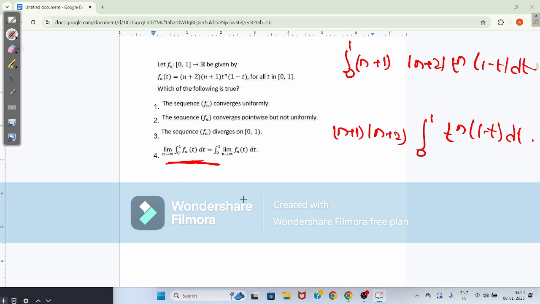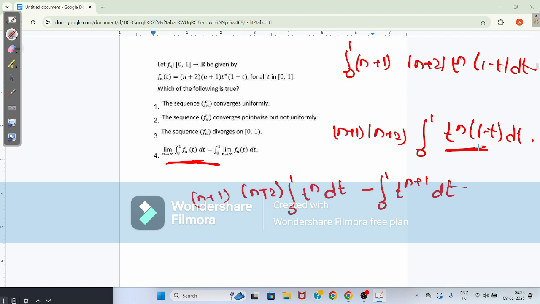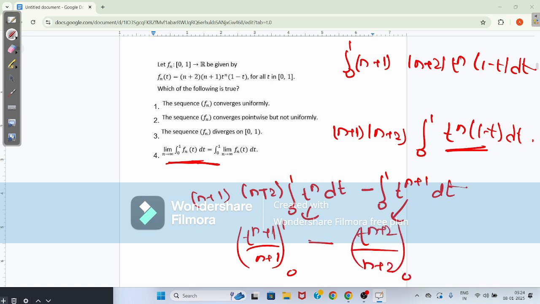This value becomes n plus 1 into n plus 2 into the integral from 0 to 1 of t power n dt minus the integral from 0 to 1 of t power n plus 1 dt. When you integrate t power n, the value becomes t power n plus 1 by n plus 1 from 0 to 1, and minus t power n plus 2 by n plus 2 from 0 to 1.